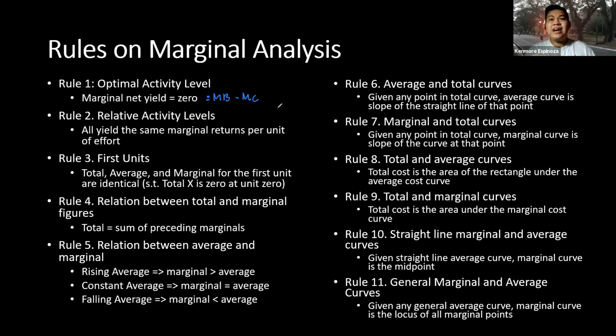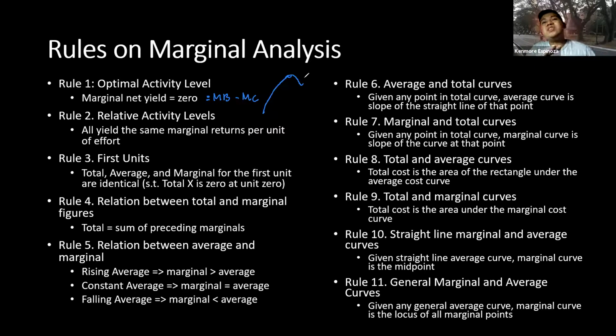So what does it look like graphically? Your marginal net yield would start to increase, but on decreasing increments. And it starts to peak. After that, it decreases na. Yun yung tinatawag din natin yung example sa our revenues.